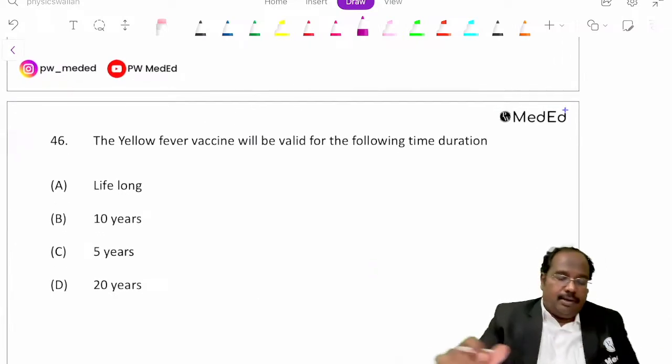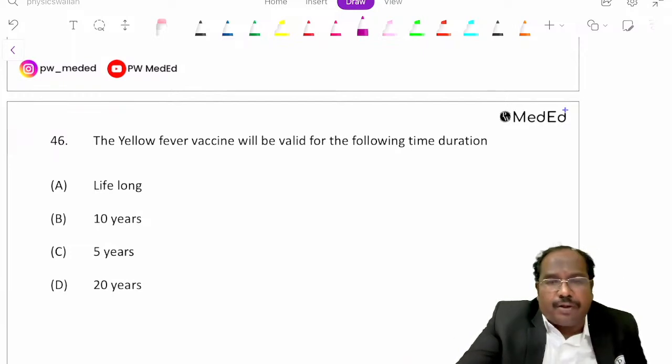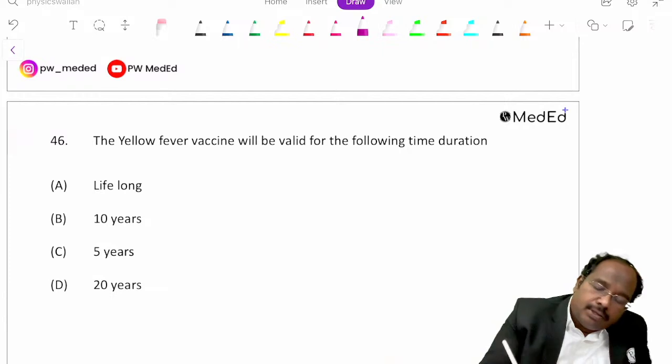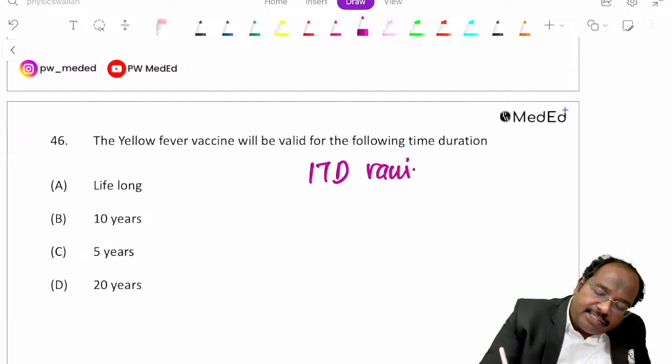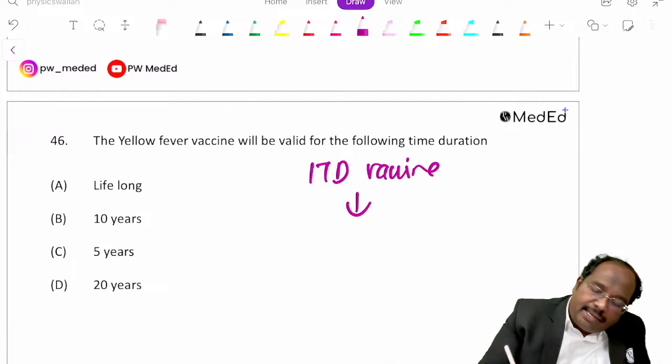Next question. Last 5 questions, guys. A yellow fever vaccine is valid for the following duration. Last year NEET also asked about the yellow fever vaccine. We have the 17D vaccine strain. They will be providing a yellow fever certificate.